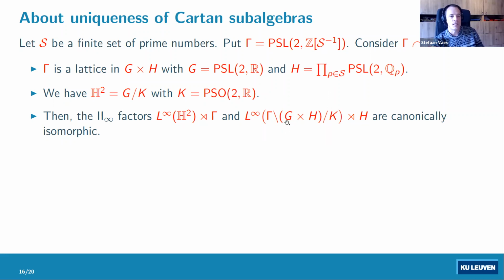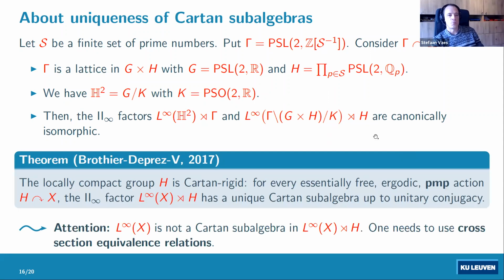So you have G times H mod gamma, which is a probability space. K is a compact group acting on G, so you can still mod out by a compact group. That's not a problem. And we do get a cross product of a probability measure preserving action of this locally compact group H. Now, also locally compact groups may satisfy Cartan rigidity for probability measure preserving actions, once more.